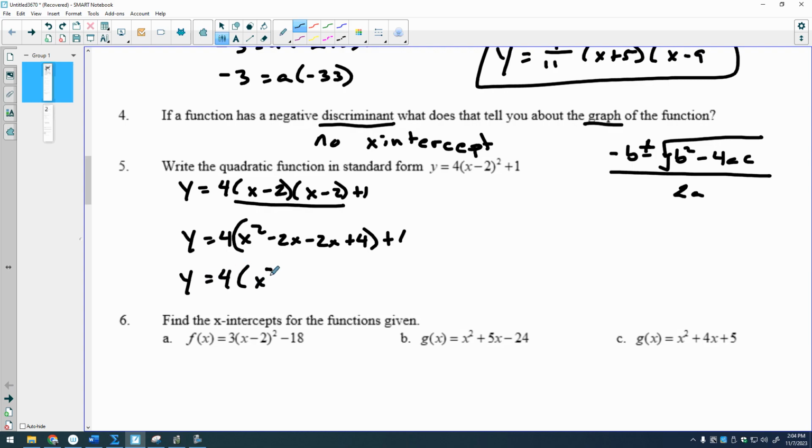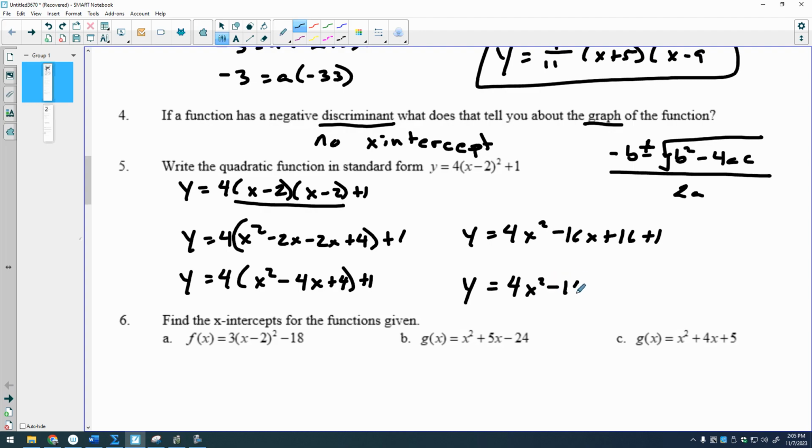So inside I get x squared minus 4x plus 4. Now multiply, and I get y equals 4x squared minus 16x plus 16 plus 1. Final answer, y equals 4x squared minus 16x plus 17.